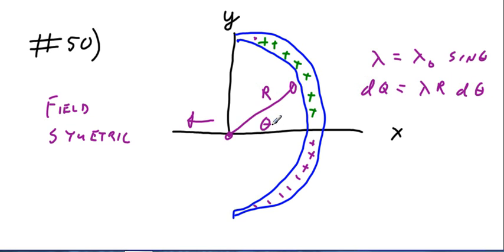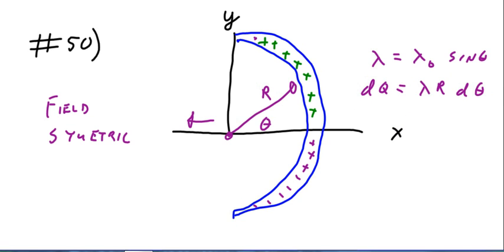So as I look at this, lambda is my charge density, and my change in Q is going to be, as I change theta, my lambda times my r. Okay, so that looks reasonable.